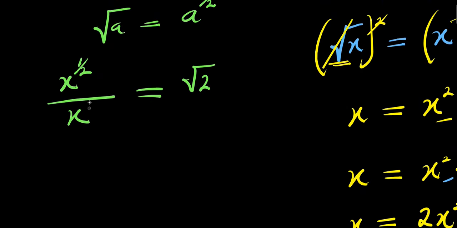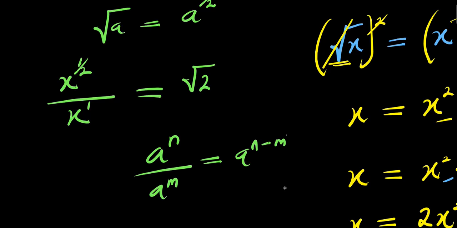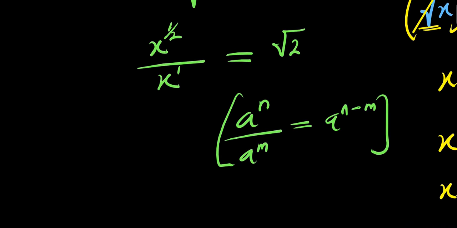Now, this x is raised to the power of 1. So if you have a to the power of n divided by a to the power of m, it equals a to the power of n minus m. So what we are going to have will be x to the power of 1 over 2 minus 1, because the bases are the same, we subtract the exponents, equals root 2.